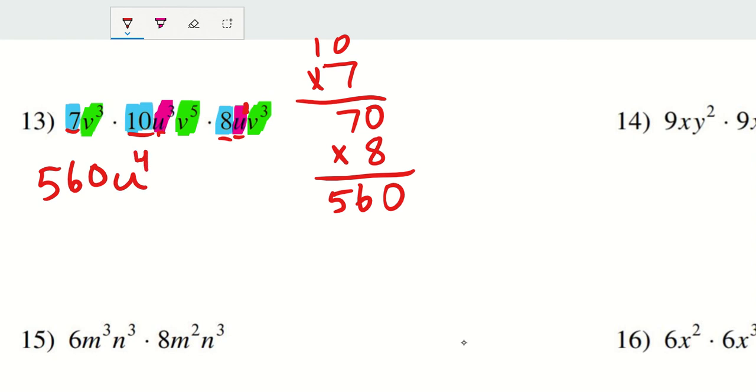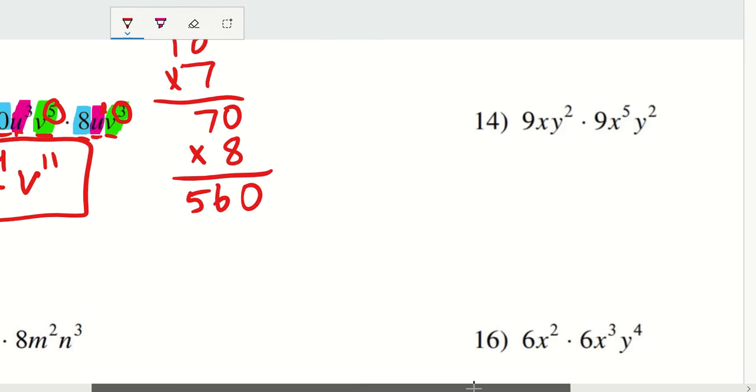And then I work with the v's. We have v to the 3rd power times v raised to the 5th power times v raised to the 3rd power. So you keep the v, and all you do is add the exponents. 3 plus 5, that's 8, plus another 3, that's 11.